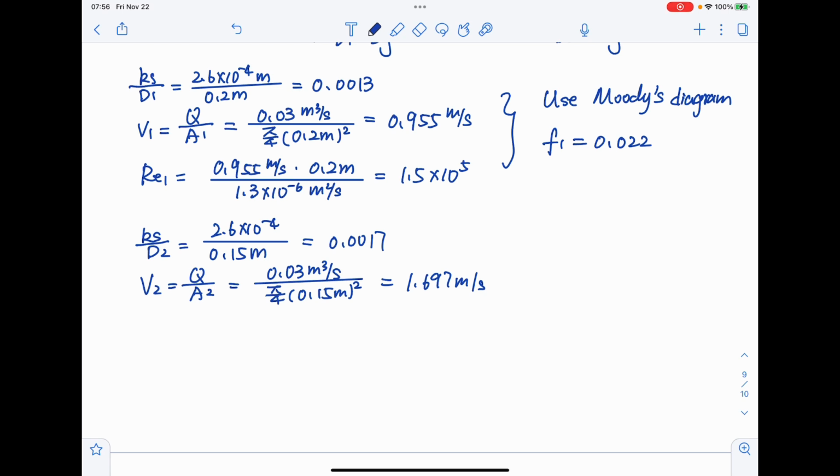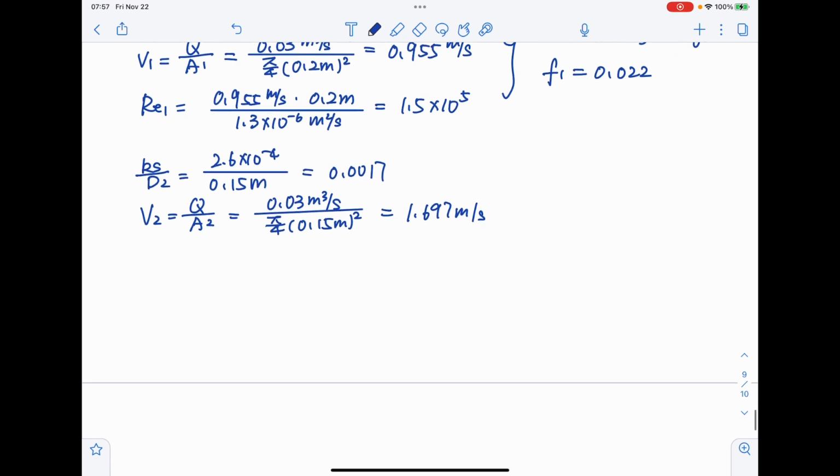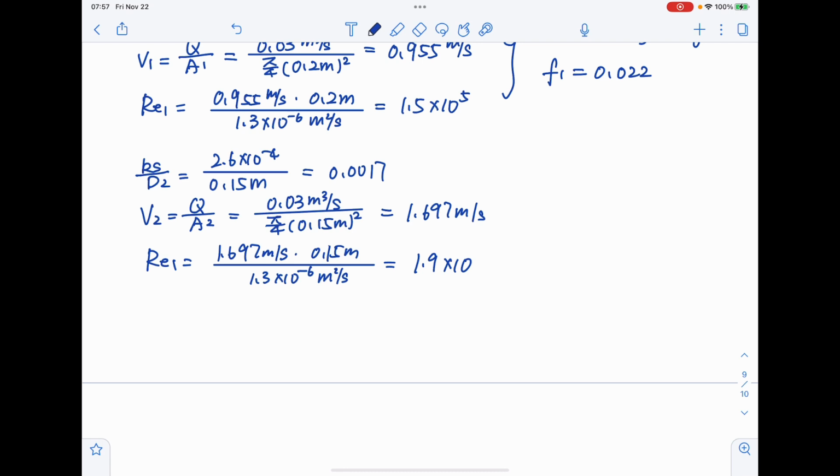So the velocity is 1.697 meters per second, and the Reynolds number is equal to 1.697 meters per second times the diameter over the viscosity, which gives us 1.9 times 10 to the power of 5.